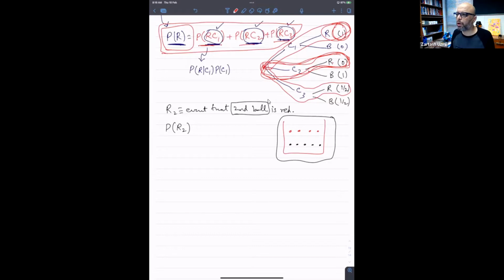Whatever ball you had picked in the first try, उसको वापस रख दिया है. अब दोबारा आपने एक और बॉल पिक की है, which means you are starting with the same situation. So probability of R2 in that case would again be 4 over 9. But we are talking about picking two balls without replacement. Without replacement, very important.